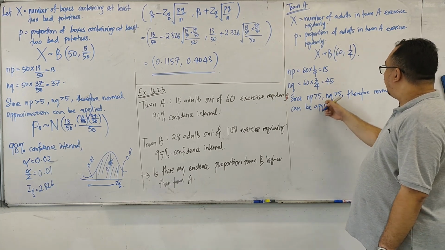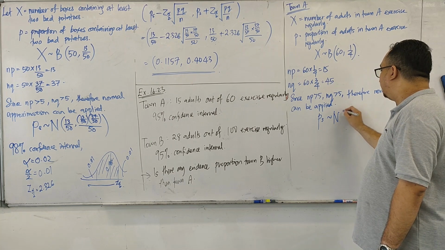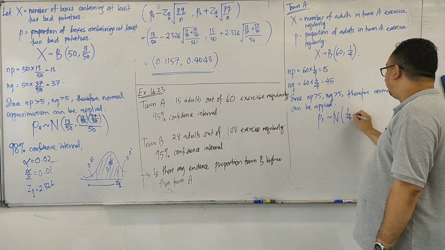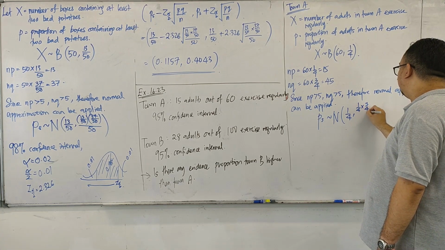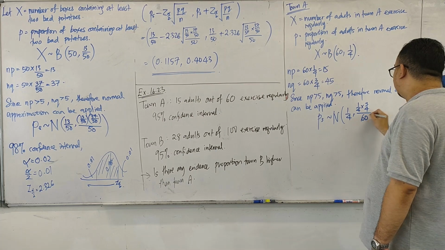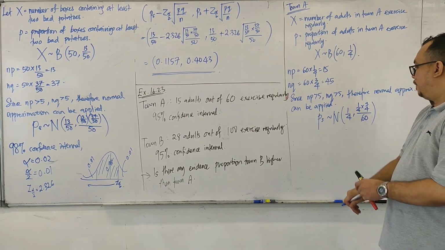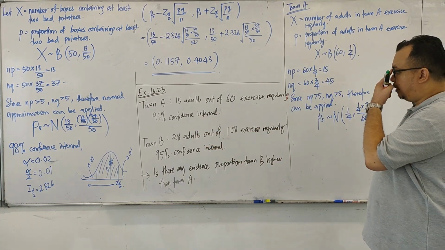Okay, so bila kita apply normal approximation, we write PS follows normal distribution, P = 1/4, PQ over N. Okay, this is my variance. Okay, so kita nak berapa? 95% confidence interval.